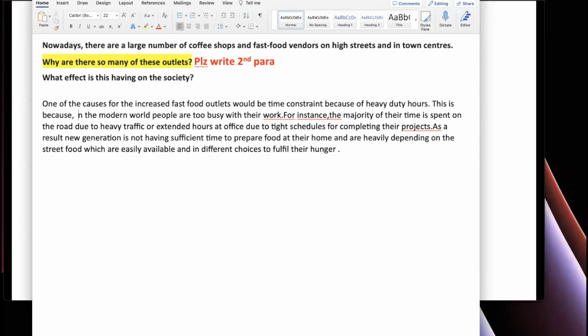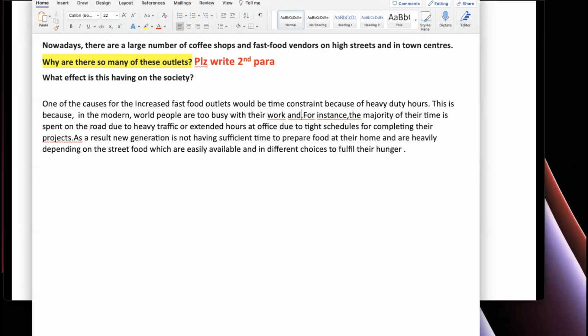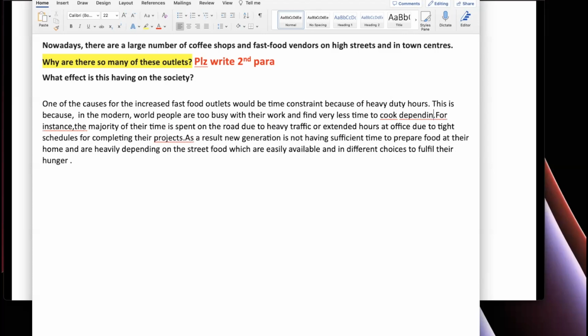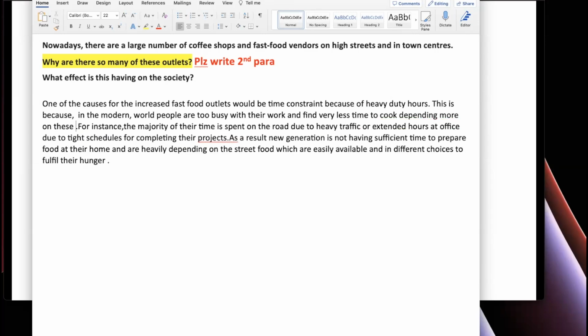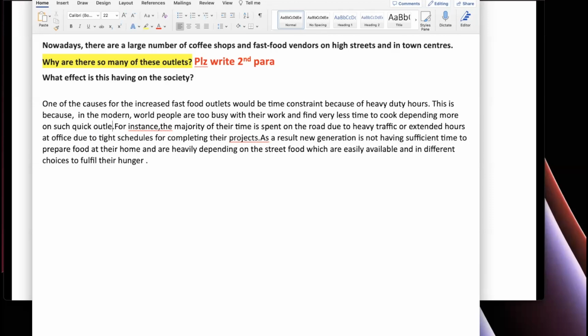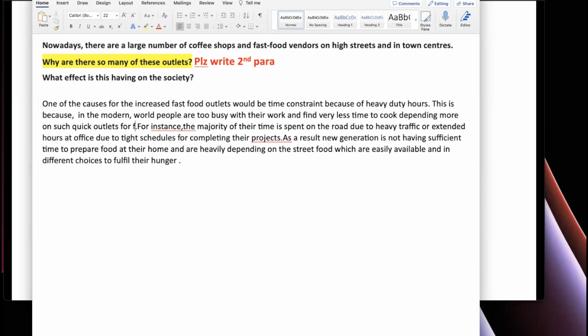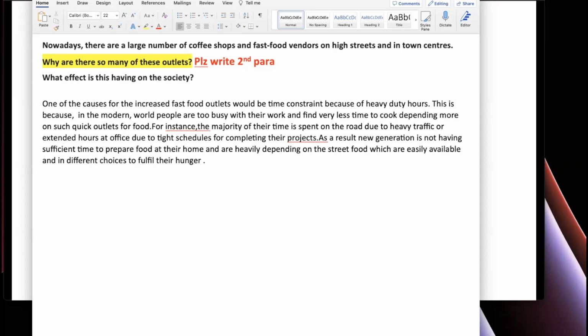This is because in the modern world, and find very less time to cook, depending more on such quick outlets. Now it is more clear.